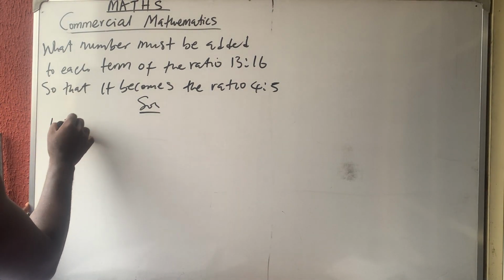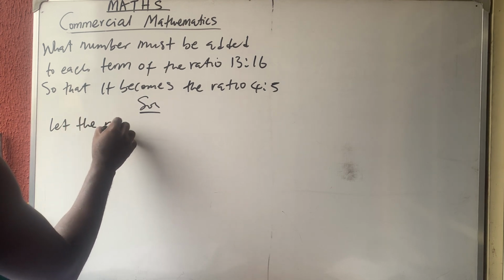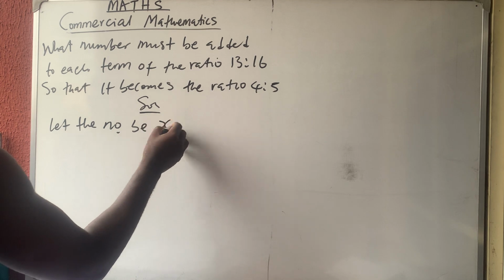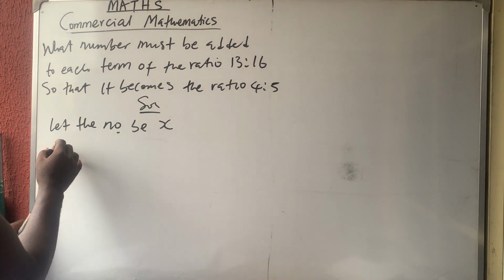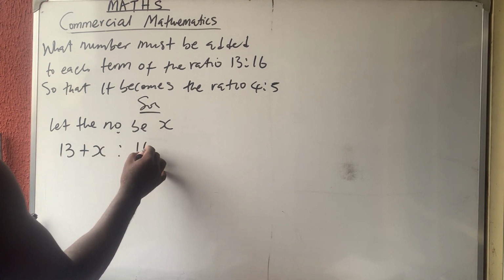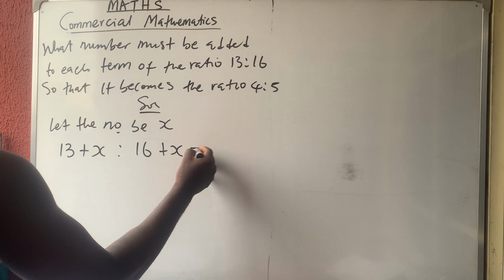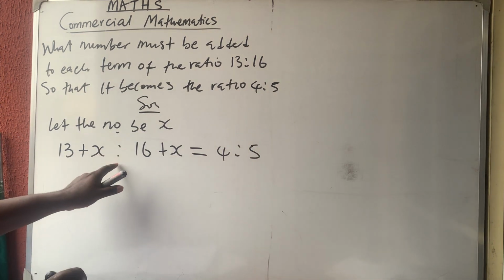So what term should be added to this so that it will become that? So let the number be x. That is the number that will be added. Which means I have 13 plus x is to 16 plus x, and we want it to be equal to the ratio 4 is to 5. And don't forget that "is to" means divide.